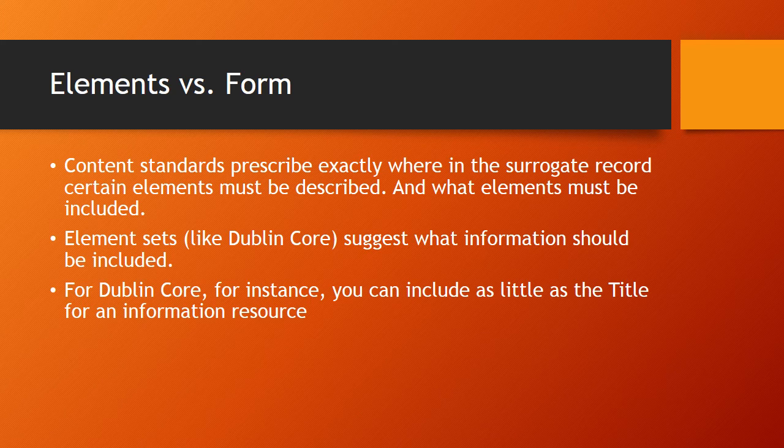But there are lots of different kinds of descriptive elements in libraries, archives, and museums. Content standards prescribe exactly where in the surrogate record certain elements must be described and what elements must be included. Element sets, and Dublin Core is an example of an element set, suggest what information should be included. Suggest, not require.